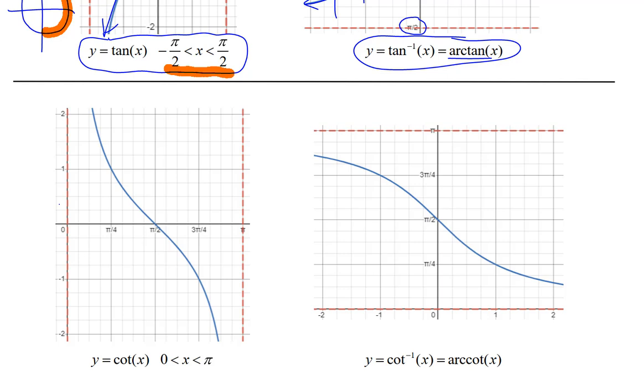So you'll recall that the cotangent graph resembles tangent, but again, go back and review the introductory video lecture on cotangent graphs. And you'll recall that there's a vertical asymptote at 0 and also at pi. So they're kind of shifted over compared to the tangent graph.